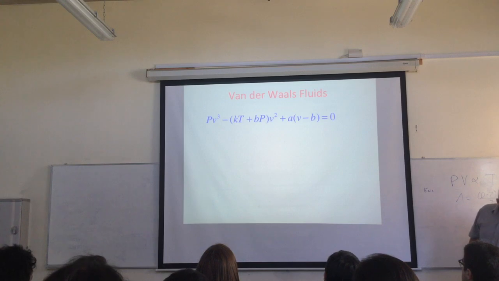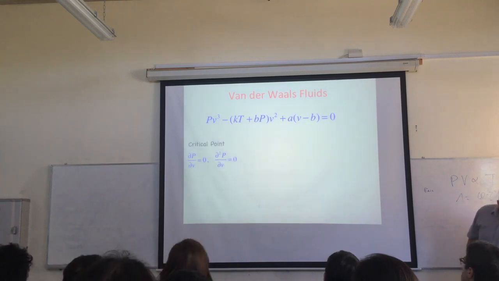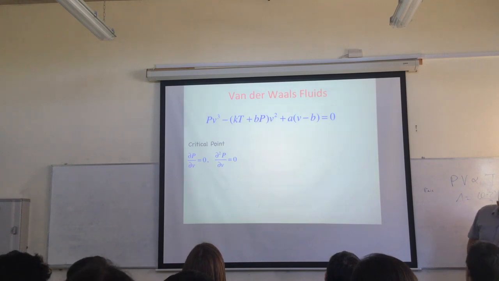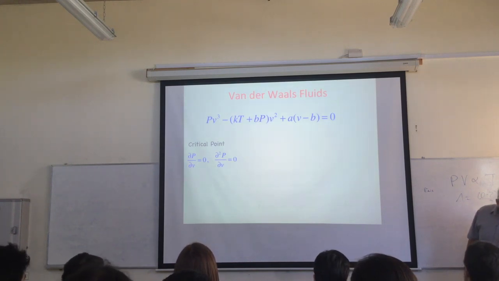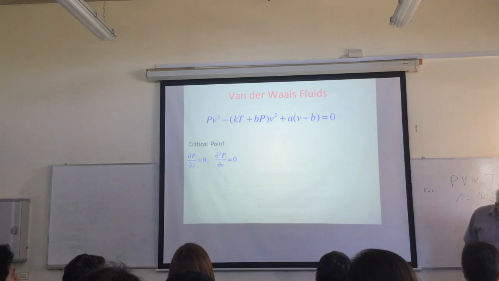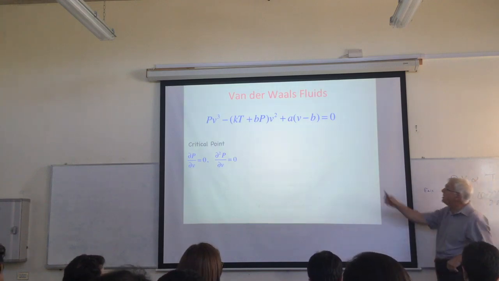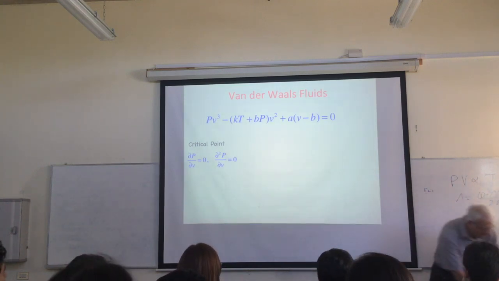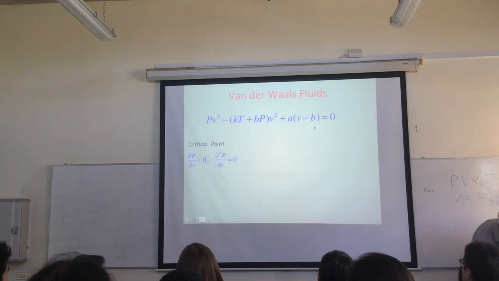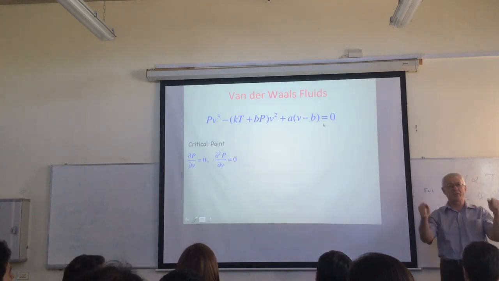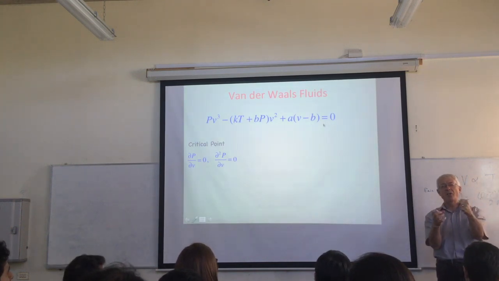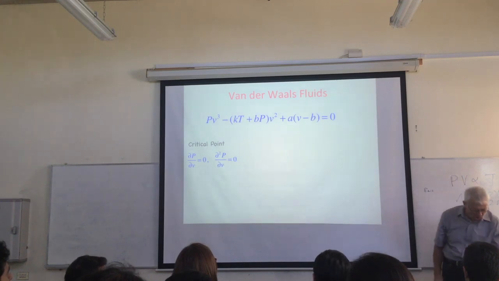So Van der Waals' equation can actually be written like so. It's a generalization of PV = nRT, where the quantity B takes account of the fact that if you had a gas, the molecules are of finite size, and so you can't crush the gas to zero volume.